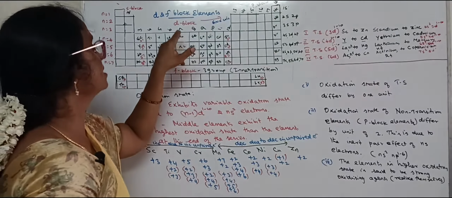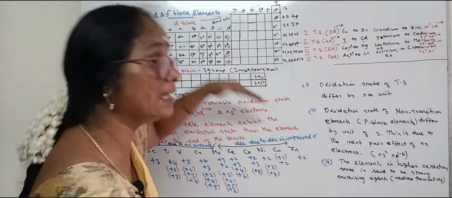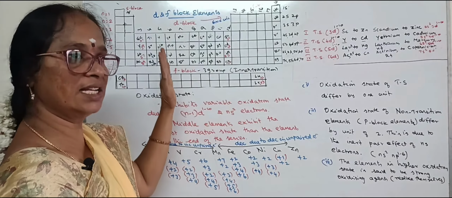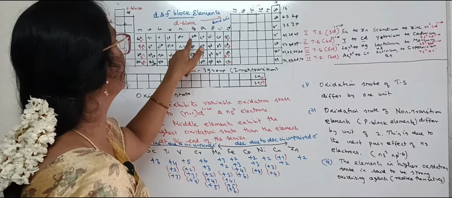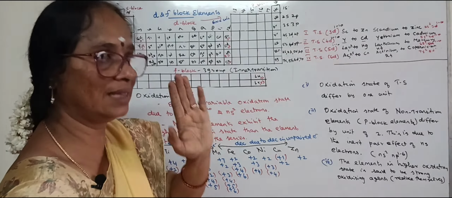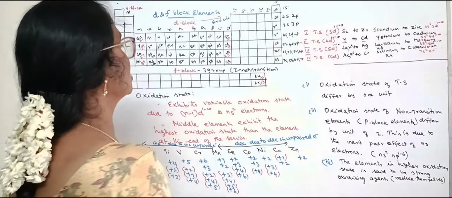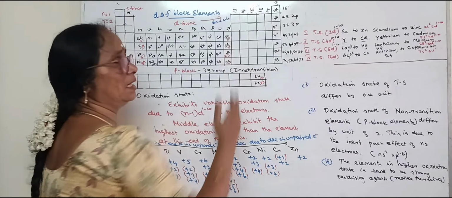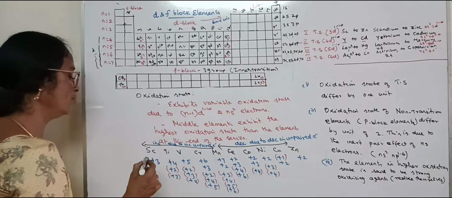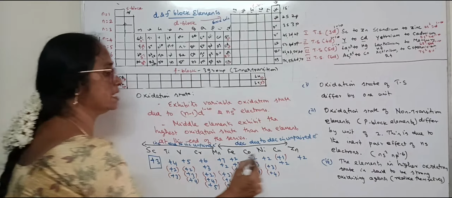After manganese, the number of unpaired electrons decreases because the electrons are being paired up from iron to zinc. That's why the lower end as well as the upper end of the transition series have only one oxidation state.